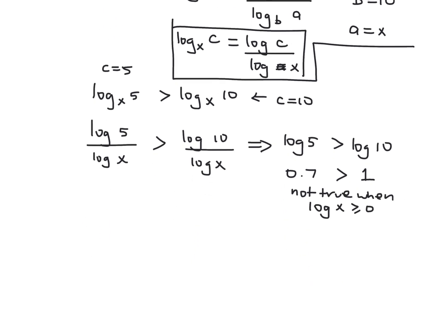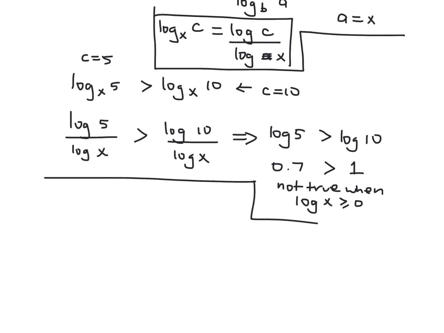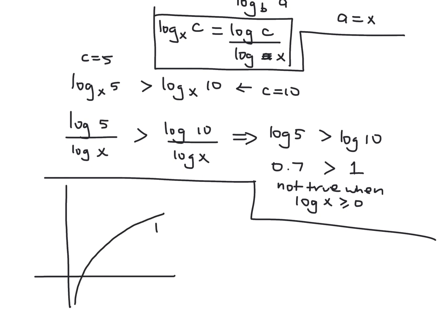But what's interesting is that if you look at the log graph, if you were just to draw a log graph, so I think it's something like this, right? Where this is the log of x, and that's 1. And this, of course, is 0. So you have two regions.